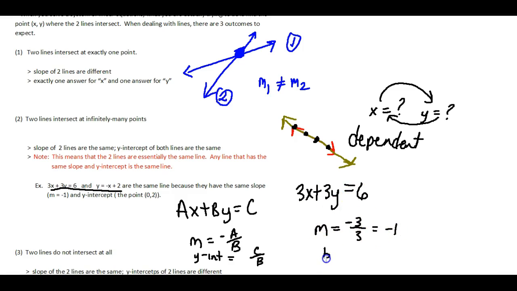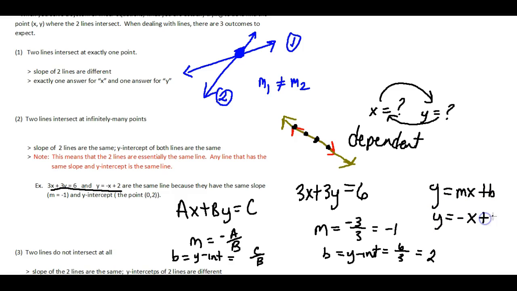We see that our y-intercept, of course, let me put that here, will be c divided by b. So c is the number 6, and b, again, is that number 3. So we get 2. And so now knowing that, we could put this in the slope-intercept form, and y is negative x plus 2.